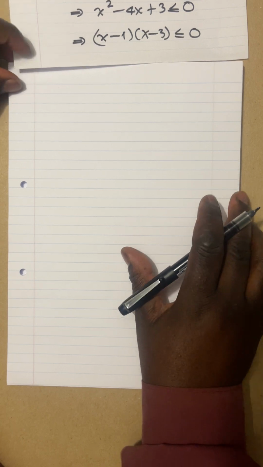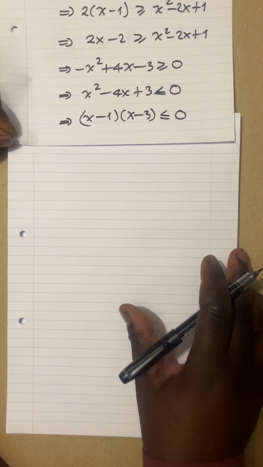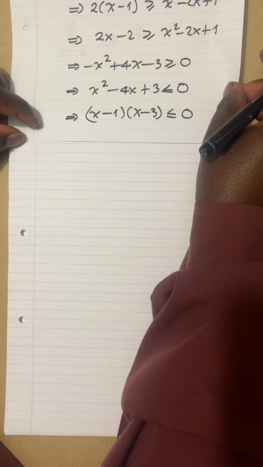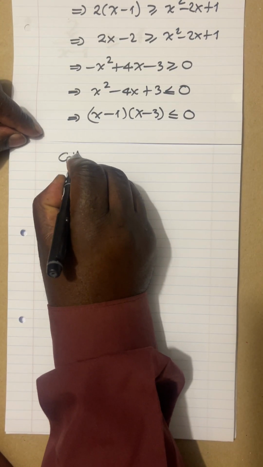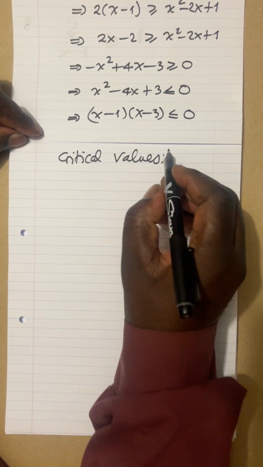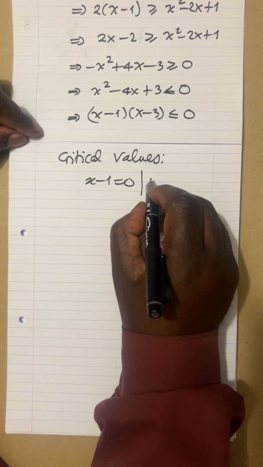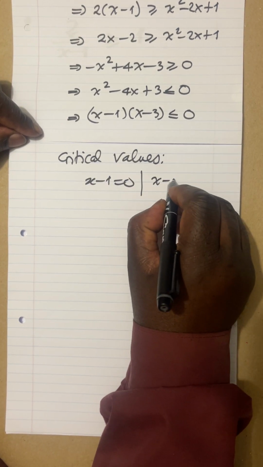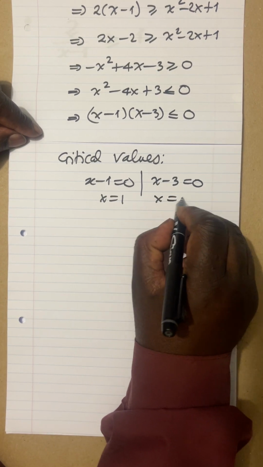Working out critical values, we are saying x minus 1 equals 0, that part. The other critical value is going to come from x minus 3 equals 0. This gives you x equals 1, and that gives you x equals 3.